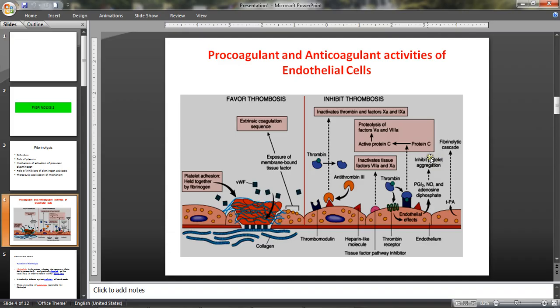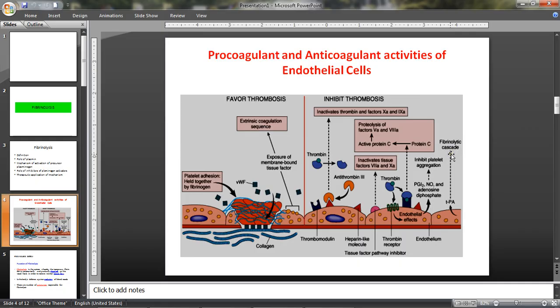But here our concern is that these endothelial cells also produce a substance which is called the tissue plasminogen activator. And this tissue plasminogen activator basically switches on the fibrinolytic cascade.